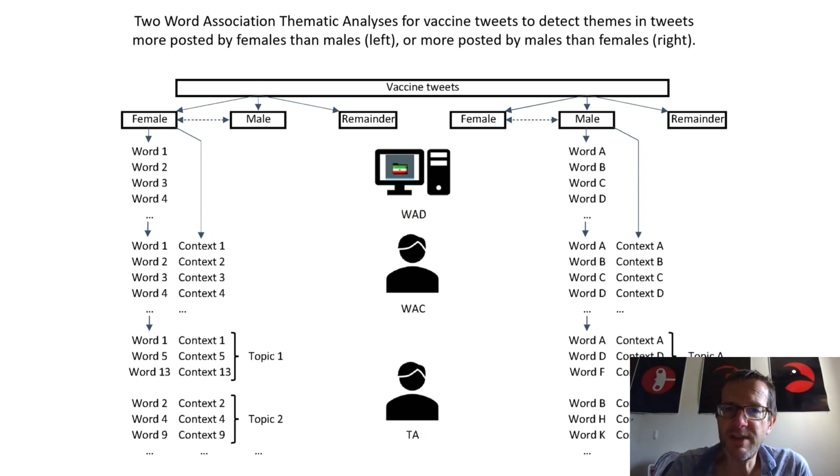And then the same was done for the male tweets. Mojde found words that were more common in the male than the female tweets, and then the human found their contexts and split them into themes. So if you're doing one subset against another, you have to do 2 contextualization and 2 thematic analysis stages, one for each subset, the male and the female in this case.